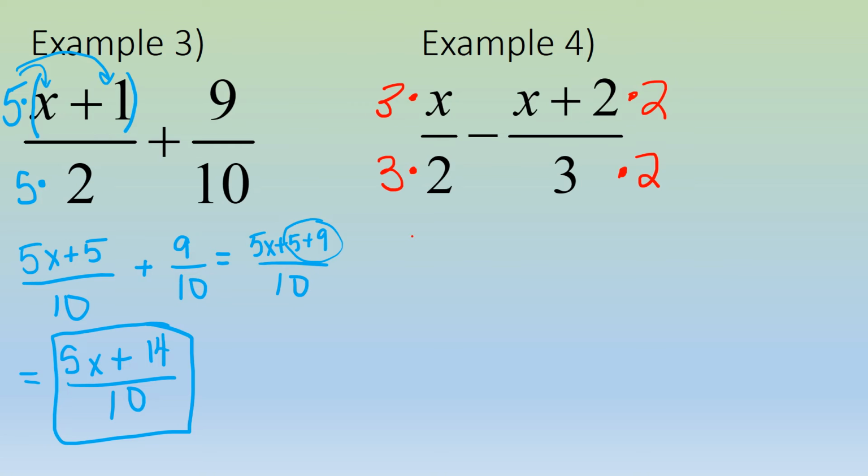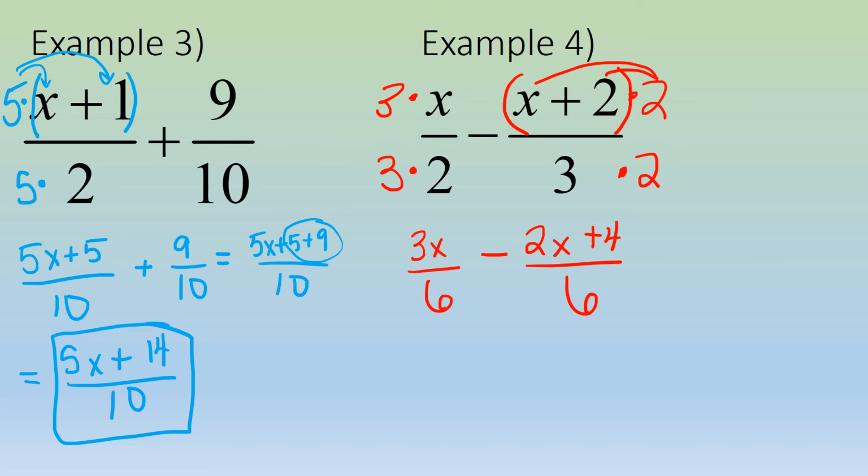So 3 times x is simply 3x all over 3 times 2 is 6 minus, now remember, when we're multiplying this numerator by 2, it's the whole thing, so we're going to distribute. 2 times x is 2x plus 2 times 2 is 4 all over 3 times 2 is 6.